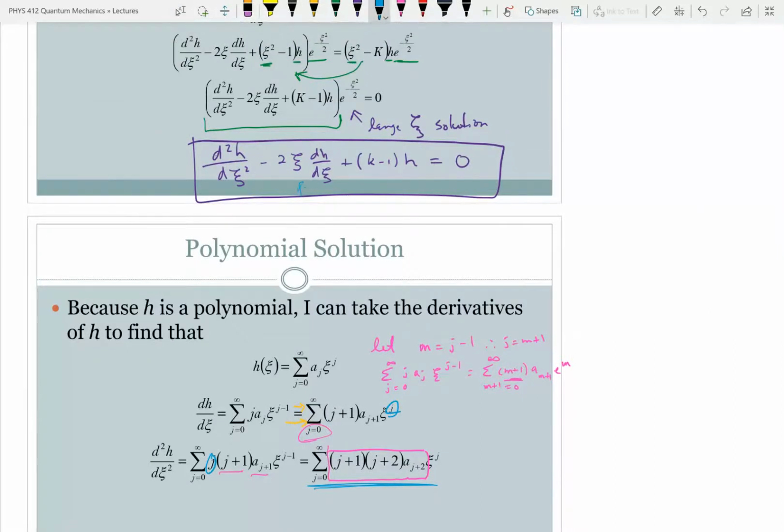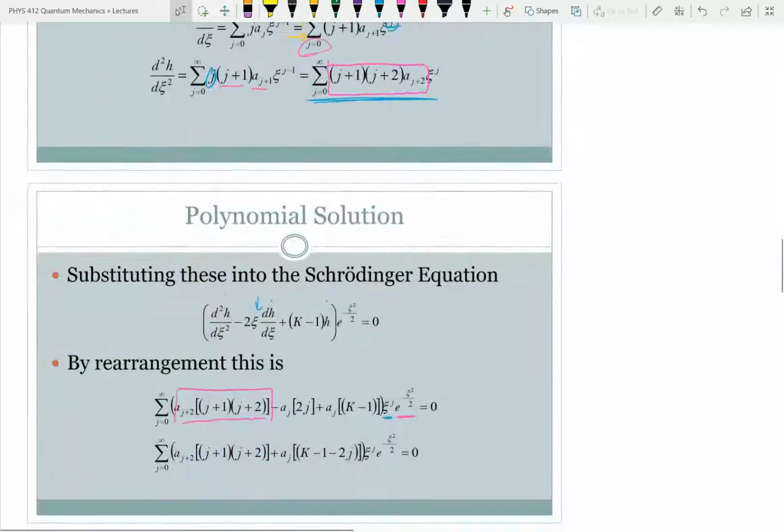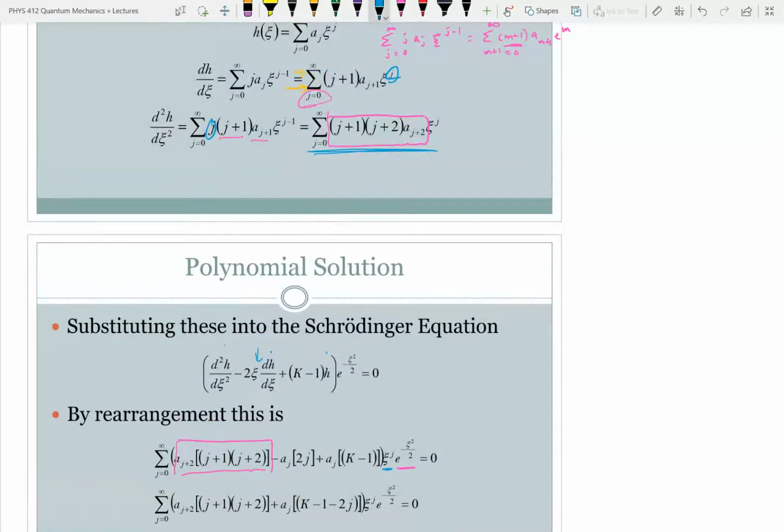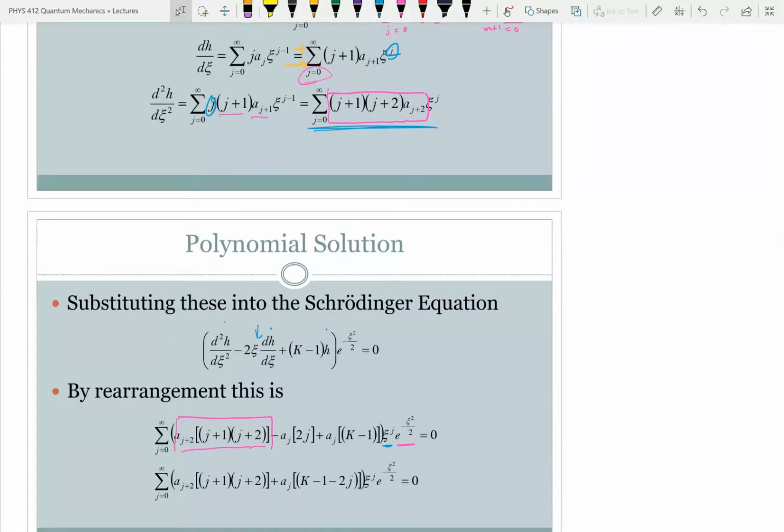Yes, there is. Oh, yeah. So the derivative of h is going to be j plus 1, a sub j plus 1, right? Let's just do that one separately. There's my c term. And then I have the derivative term.